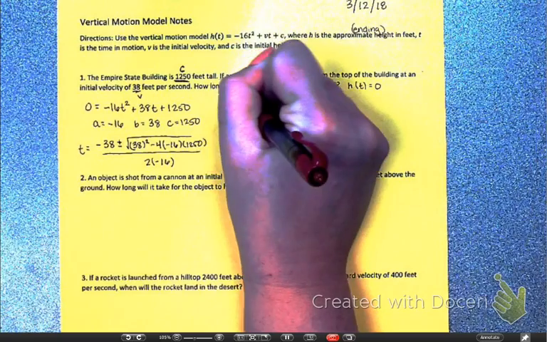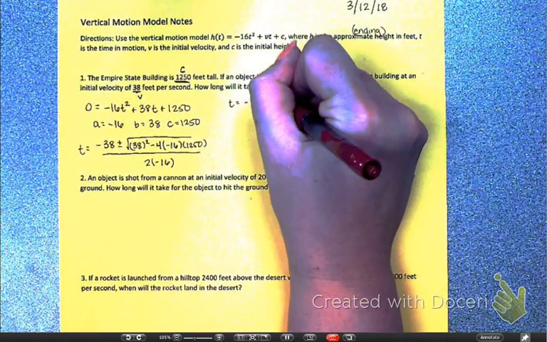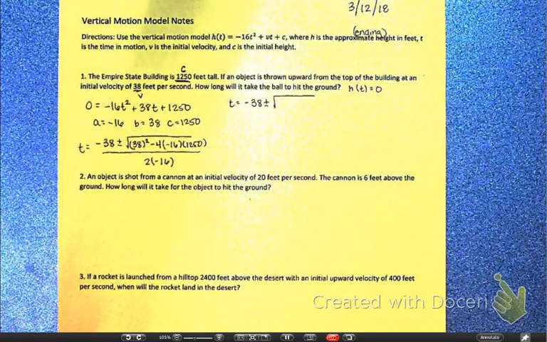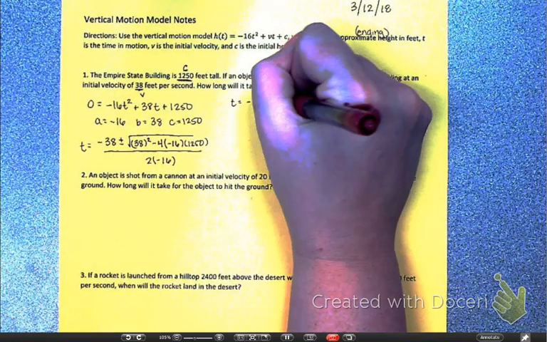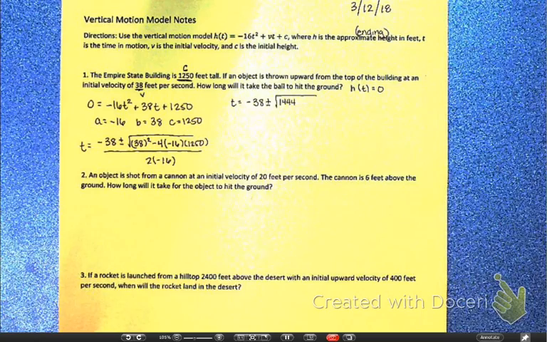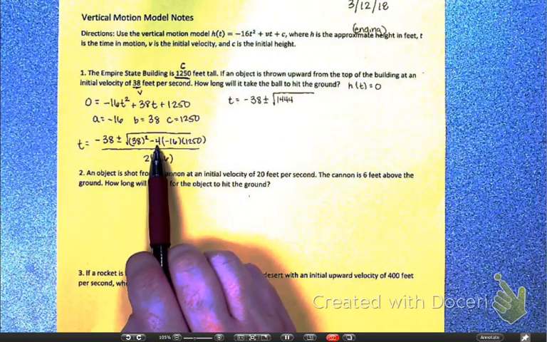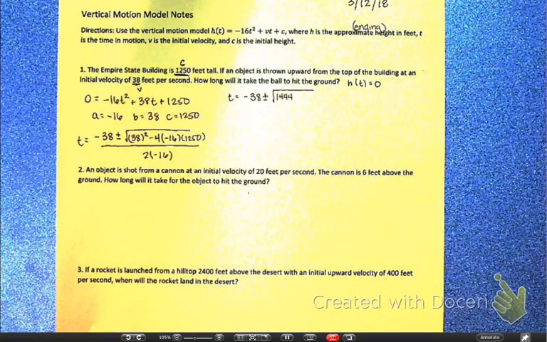T equals negative 38 plus or minus 38 squared is 1,444. I would make sure you're plugging things in as I go so that you can make sure you're plugging it in correct. Remember, this 4 is negative, so it's negative 4 times negative 16 times a positive 1250.